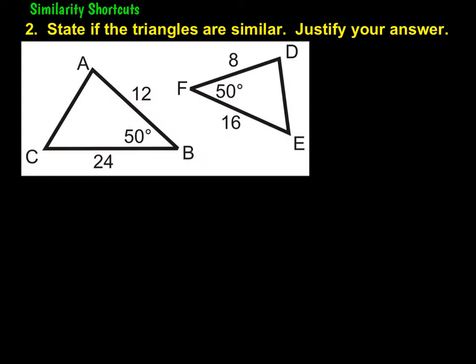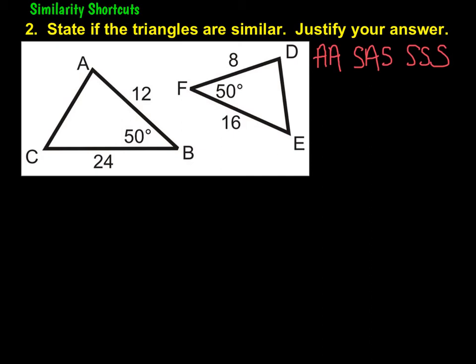Okay, on to problem 2. Let's see if these two triangles are similar. Let's go ahead and write out our choices for showing similarity. We have angle, angle, side, angle, side, and side, side, side. Now, the next thing you want to do is look at what you're given.